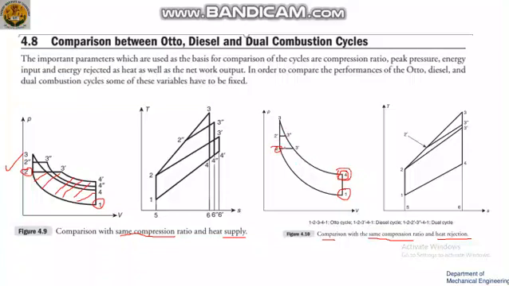And by this diagram we can see that the Otto cycle, 1 2 3 4 1, has the area enclosed within the Otto cycle, which is more than any other cycle.